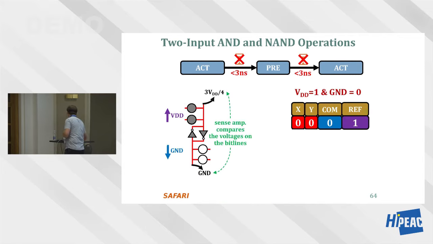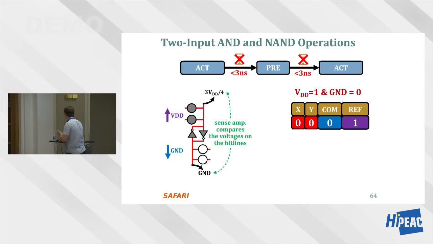Now let's take a look at what X and Y could be. So assuming VDD is 1 and ground is 0, if the inputs are 0, 0, at the bottom you will get 0, which is ground, and at the top you'll get 3 VDD over 4, and the sense amplifier will compare them and amplify the result.